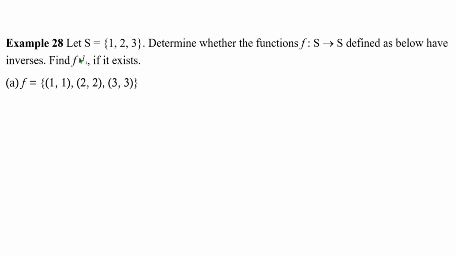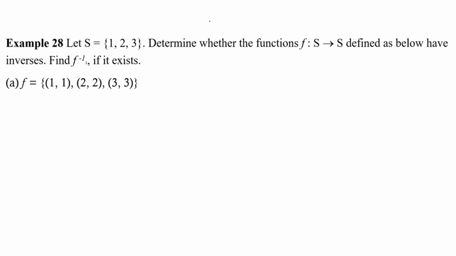The next question, let S be the set 1, 2, 3. Determine whether the function f from the set S to the set S defined as below have inverses. Find f inverse if it exists. So we say that a function has got an inverse if it is bijective, that is if it is 1 to 1 and onto.